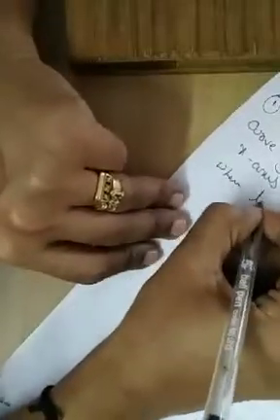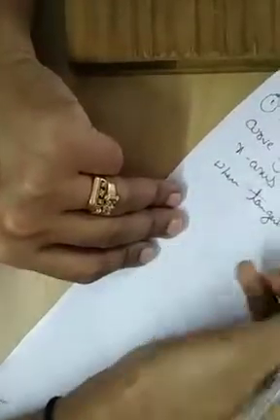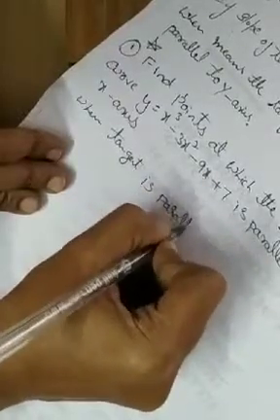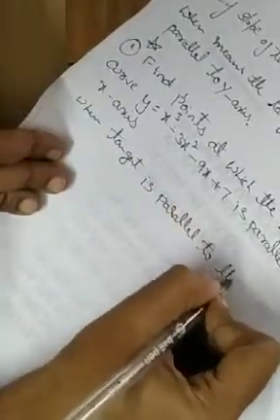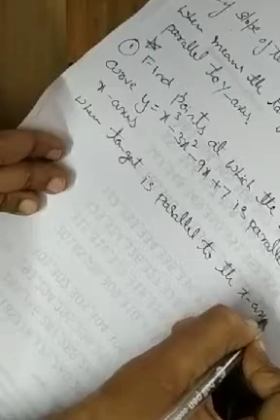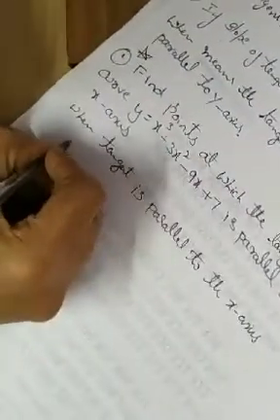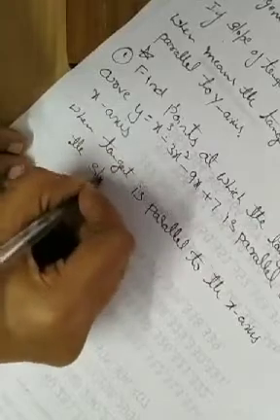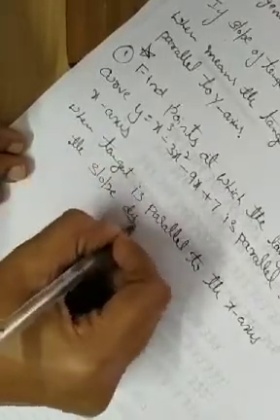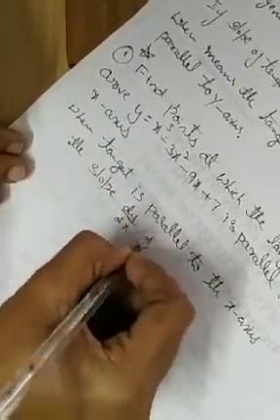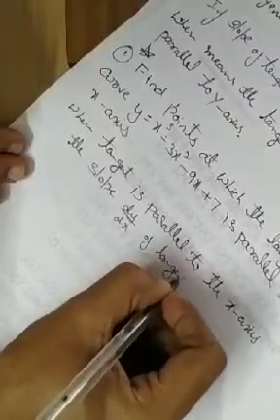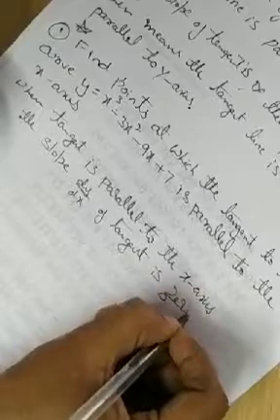When tangent is parallel to the x axis, the slope dy by dx of tangent, slope of the tangent is 0.